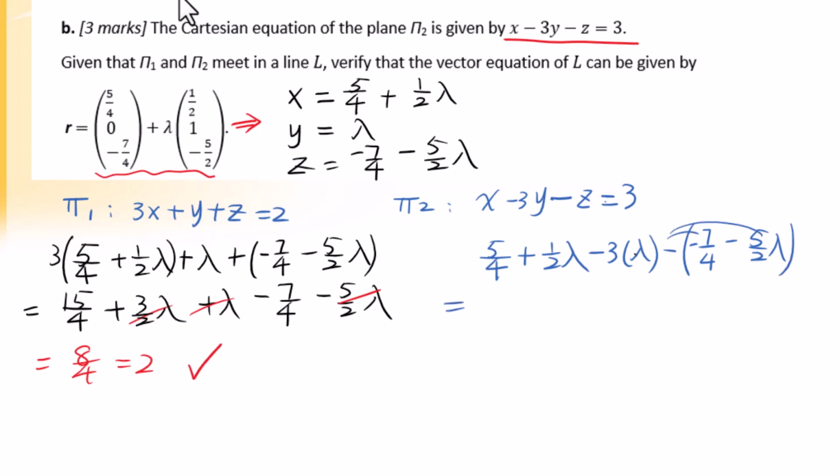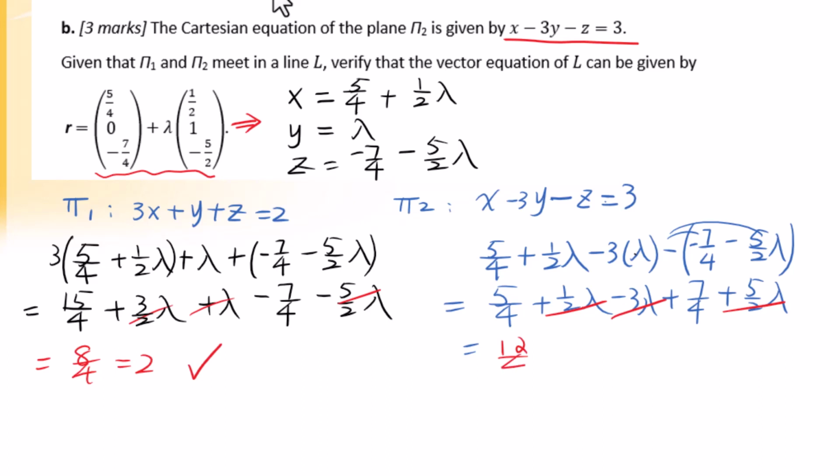Distributive property: 5 over 4 plus 1/2 lambda minus 3 lambda plus 7 over 4 plus 5 over 2 lambda. Cancel. 12 over 4 equals 3. So we verified the vector equation of L is the intersection line for π1 and π2.